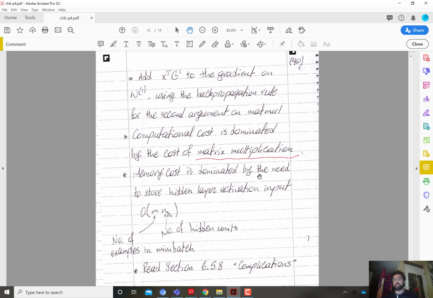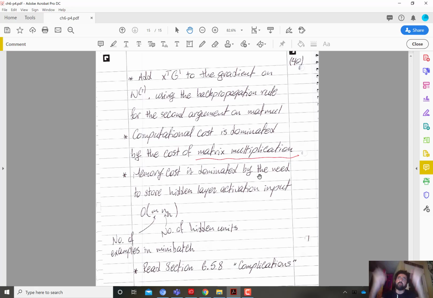Now the memory cost, aside from the memory cost that happens during backpropagation. While running backpropagation, after I'm done with a layer, I can remove all the gradients with respect to that layer from memory and then proceed.